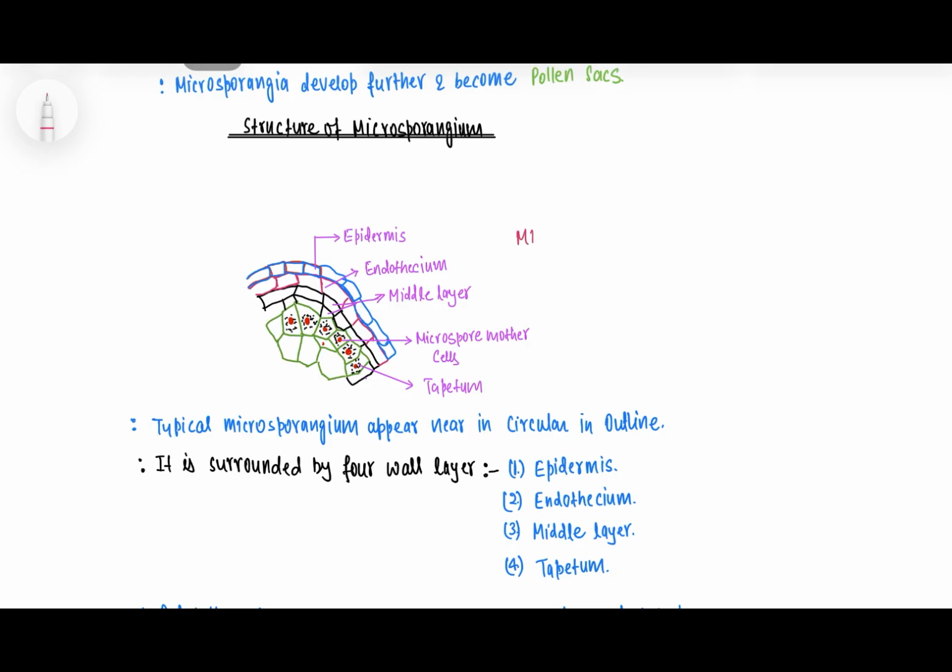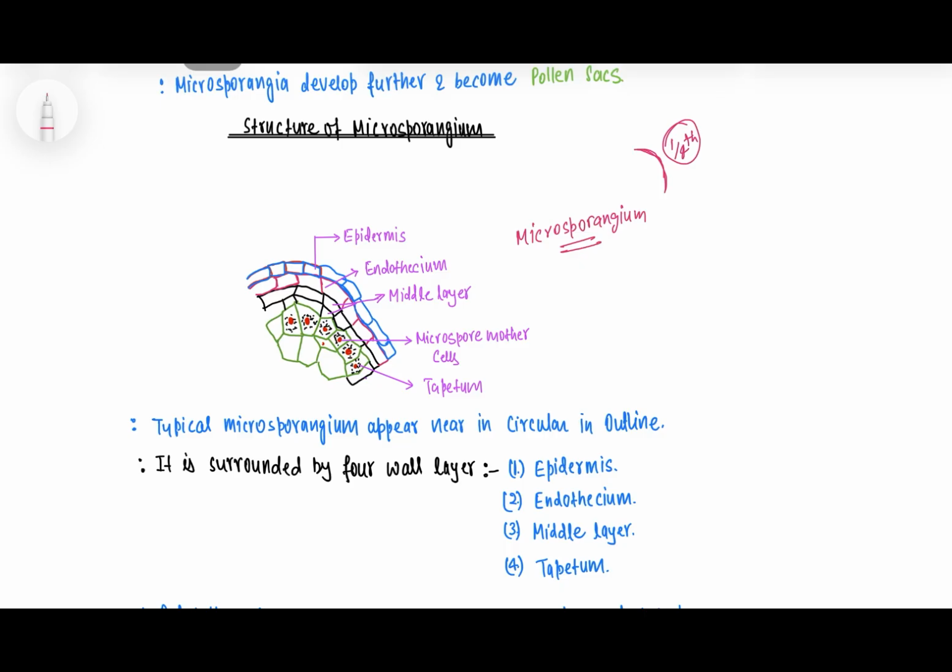This is a typical microsporangium which appears circular in outline. I have drawn only 1/4 of it. You can complete it in a similar fashion.